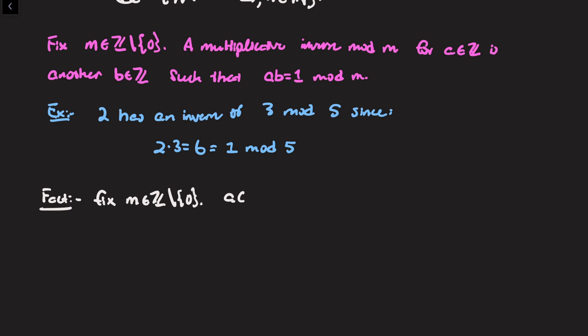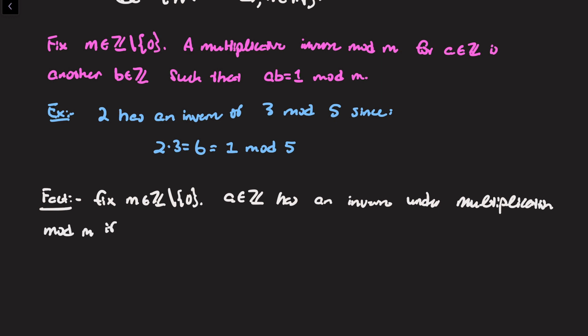Then an integer a has a multiplicative inverse mod m under multiplication mod m if and only if a and m are coprime, or their GCD is 1. So this will be pretty useful, but I think that's pretty much everything for this video. So thank you.